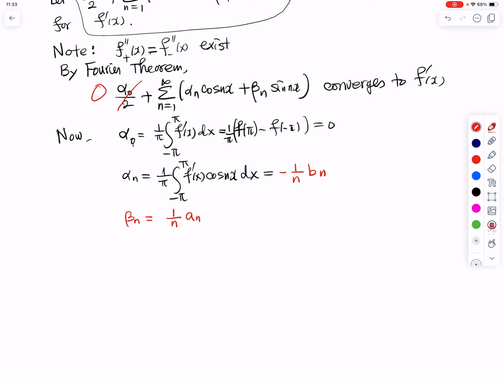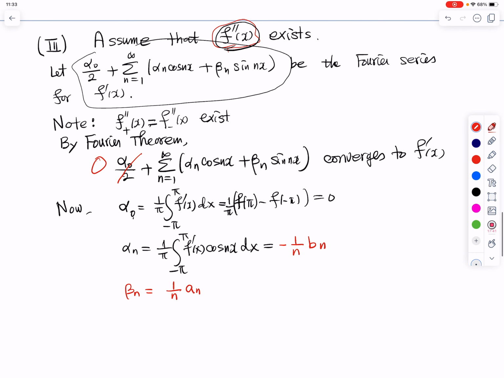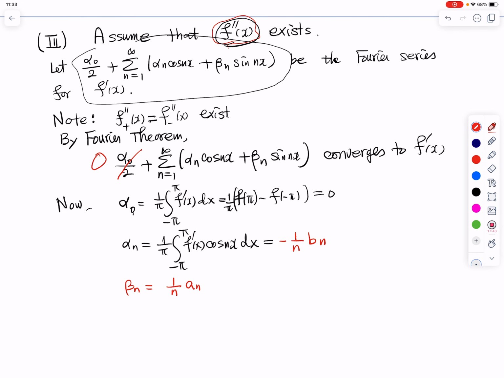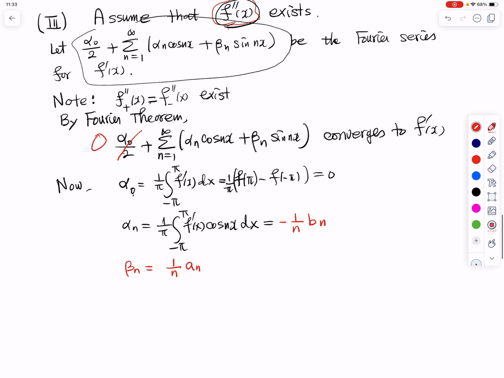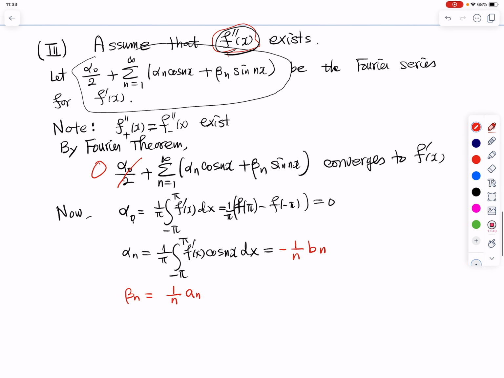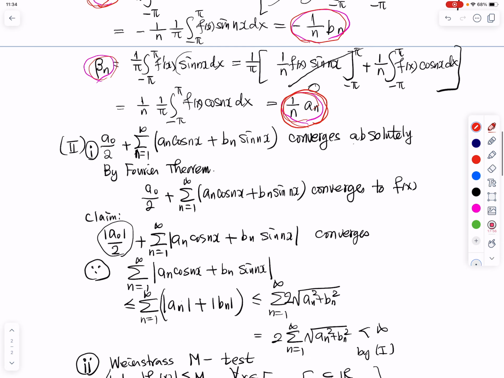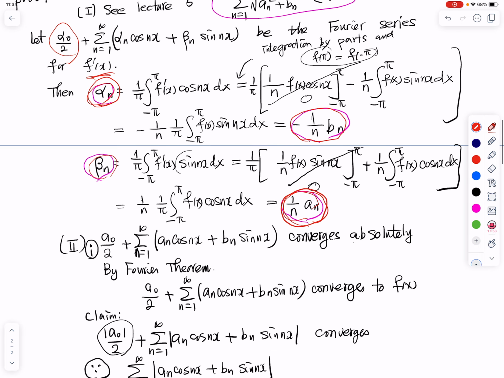Okay, this is what we had. Let's see, do we have the same alpha n, beta n?